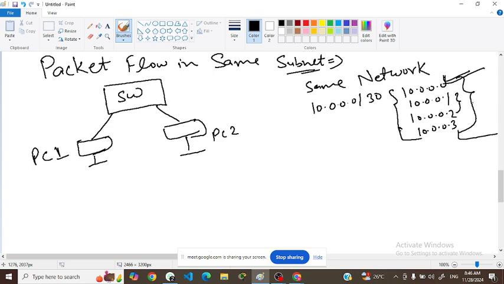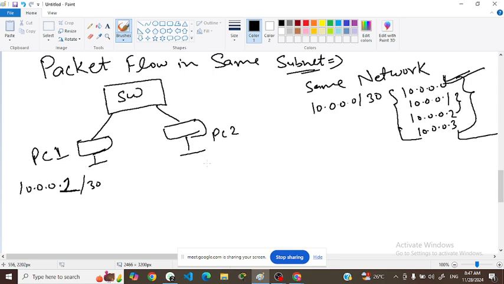Abdul and Lakshman, is it clear? Yes, sir. So let's suppose this PC's IP address is 10.0.0.2 and this PC's IP address is 10.0.0.1.